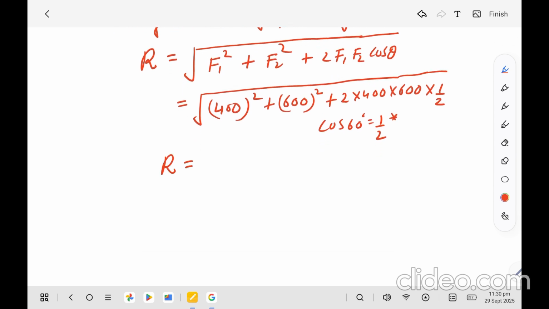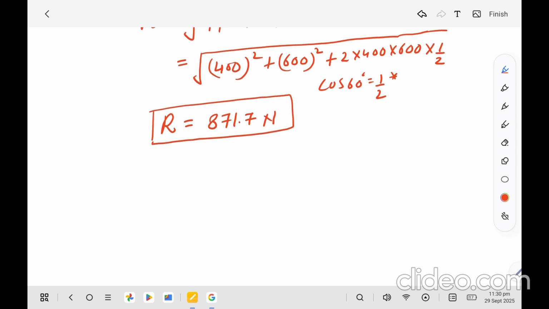After solving this under root, we will get R is around 871.7 Newton.